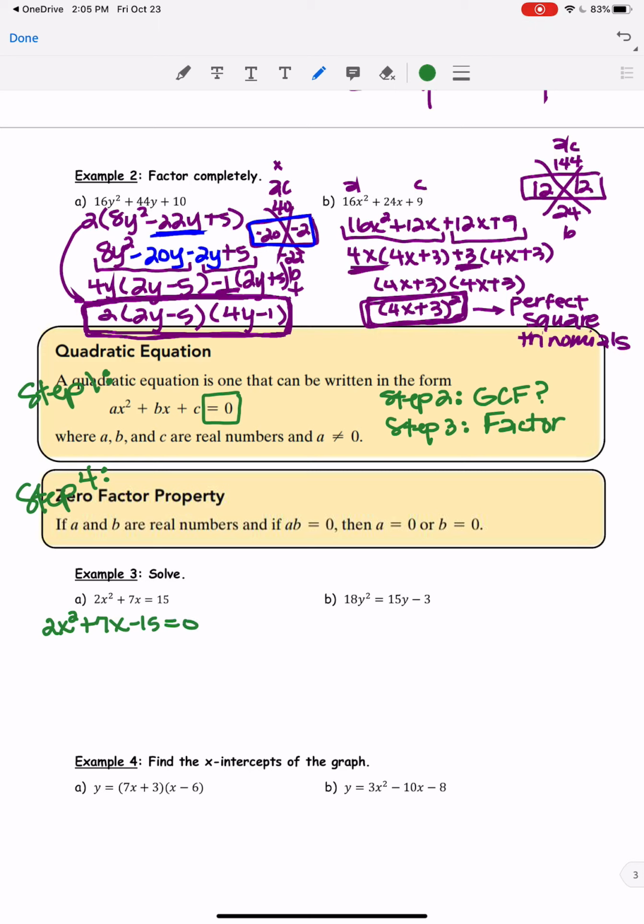Okay, step 2, do I have a GCF? And I do not. So then step 3, factor. My AC is 2 times negative 15, which is negative 30. My B term is 7. So what adds up to 7? It multiplies to a negative 30.